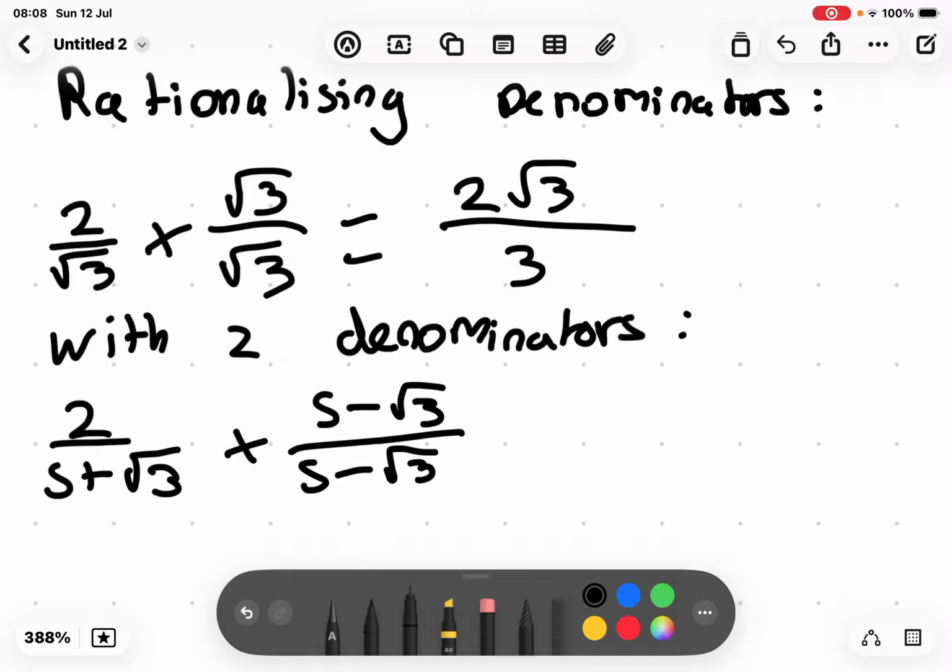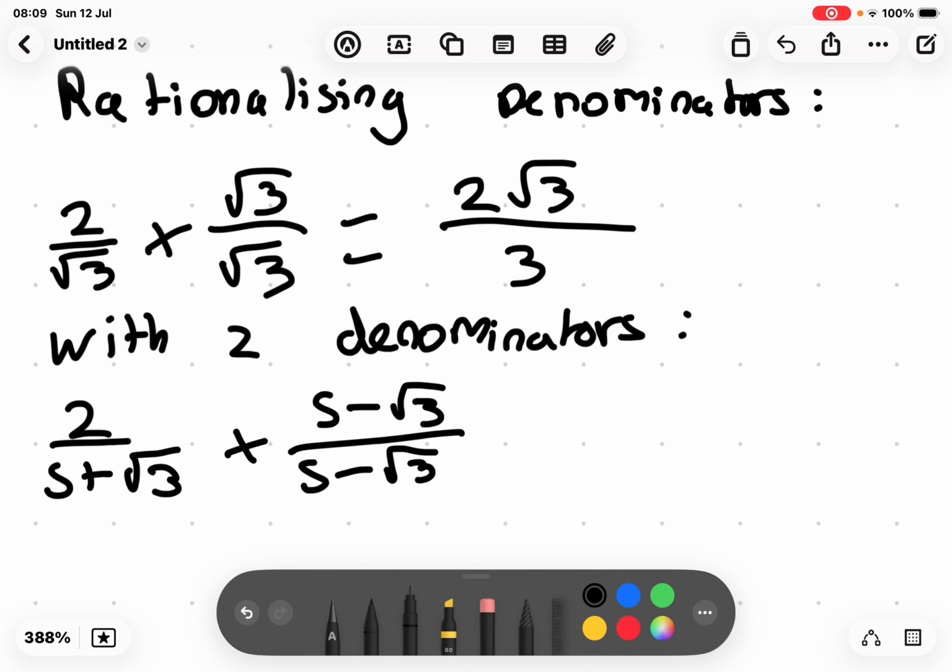Also, you know what I want to ask? I said that we have to change the sign. Let's say I have to rationalize a denominator that has two terms, for example 2 over 5 plus root 3.